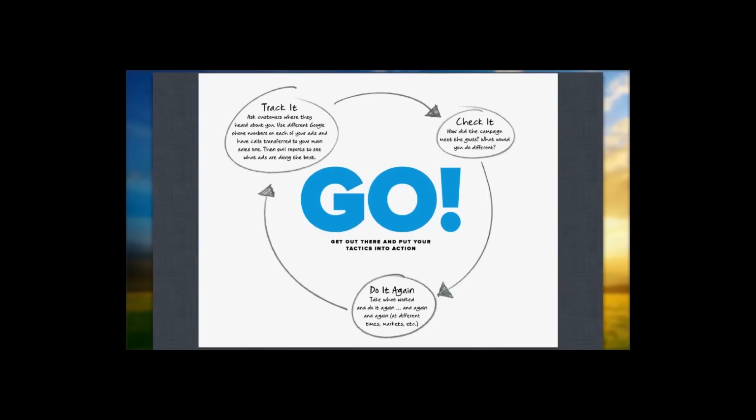It sounds like it never ends, but what you're really doing is measuring, checking, and doing the right thing, doing more of what works and less of what doesn't. That's why you need a good goal to work against. So very simply, we've spoken about objectives that are measurable and a strategy that makes sure you're tracking and measuring what you're doing. So we're going to go forward, and I'm going to kick it over to Kathy now.